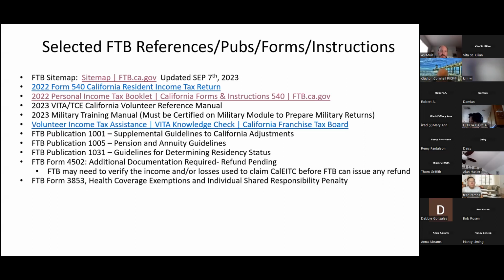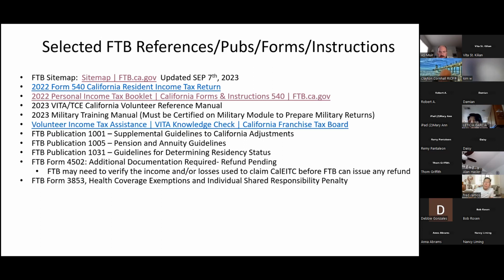Or stated differently, the 1001 talks about conformity and nonconformity. You'll hear that not only in VITA, but also in the tax world. All that means is the federal government passes tax legislation, and a lot of times California will essentially piggyback on that legislation. They'll conform to that, and that's called conformity.